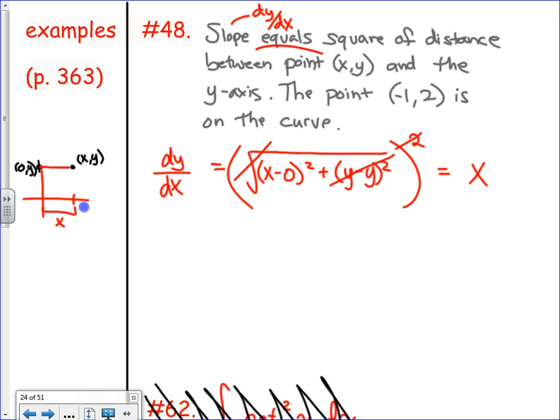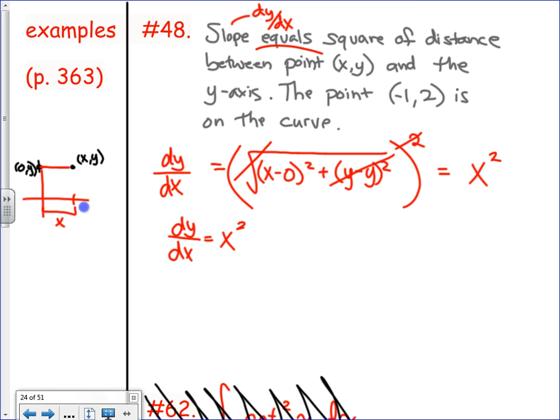Okay, so how do I solve this? How do I solve this for the original function? That's the one direction that's kind of missing. X squared. The square of the distance, the square of x.